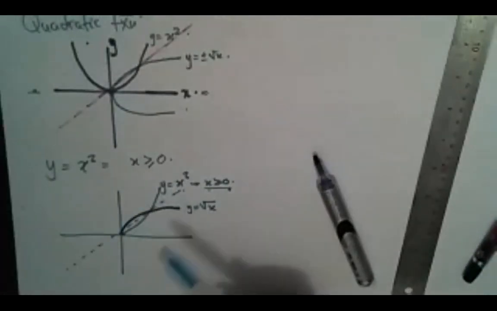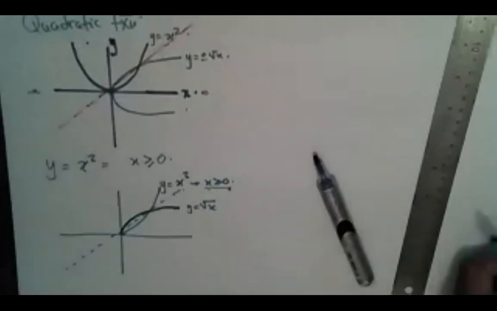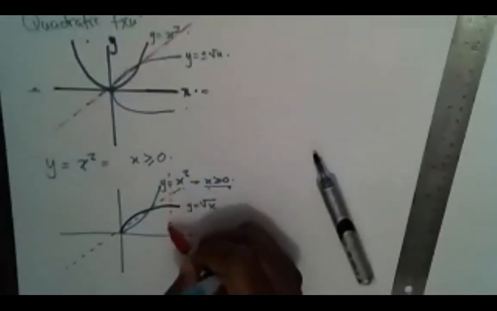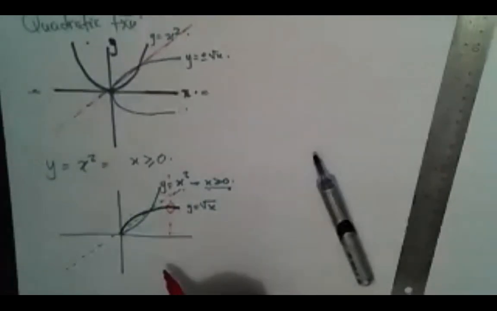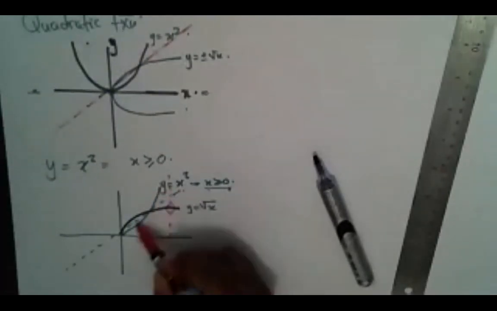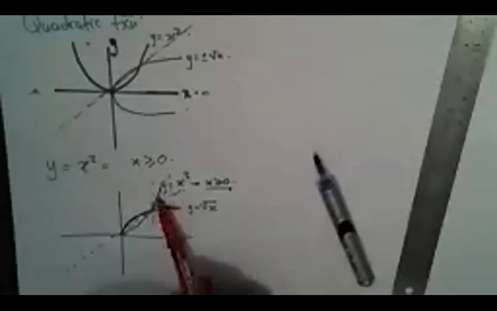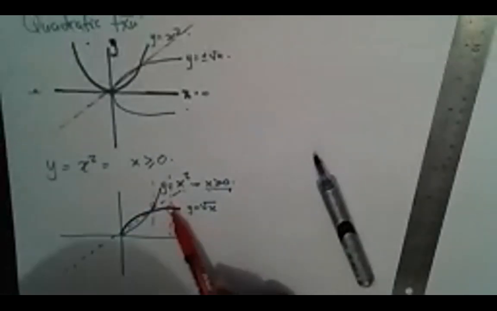So it means I also get a reflection on this part. So if I draw my vertical line test, it passes through 1. And if I draw my vertical line test on the original function, it passes through 1 point. So my original function is still a function. And my inverse is now also a function.